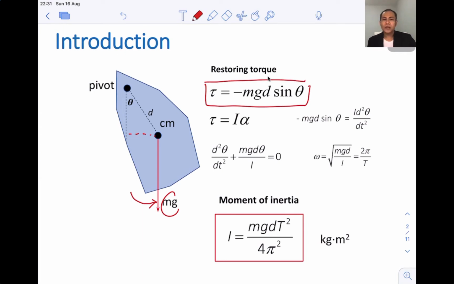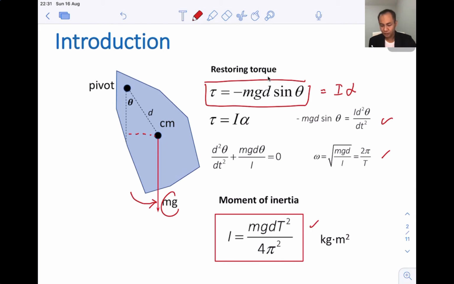Okay, and if we use Newton's second law, it will be equal to I alpha, where I is the moment of inertia and alpha is the angular acceleration. I will not solve this for you, and then finally we can get the moment of inertia in this form.